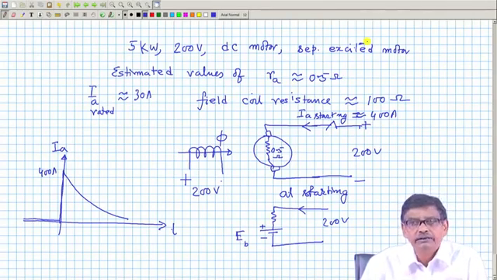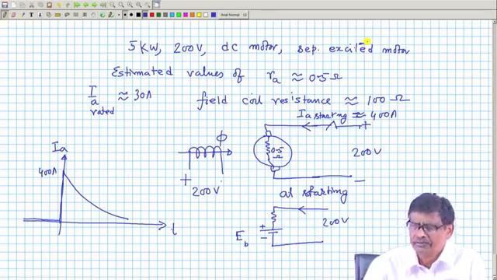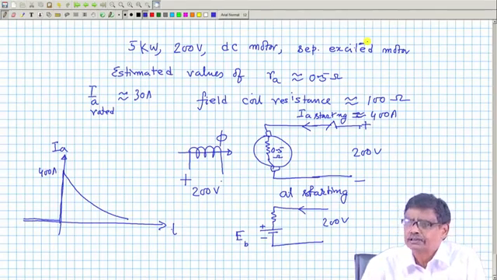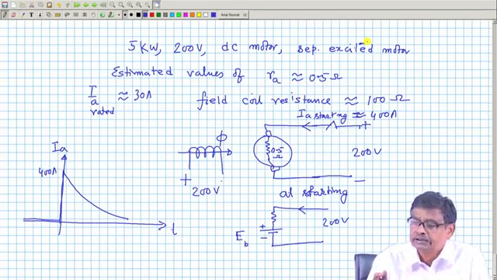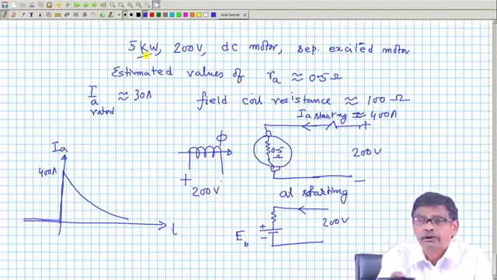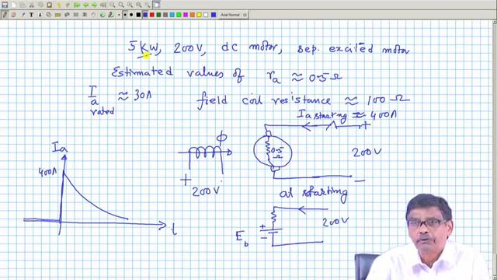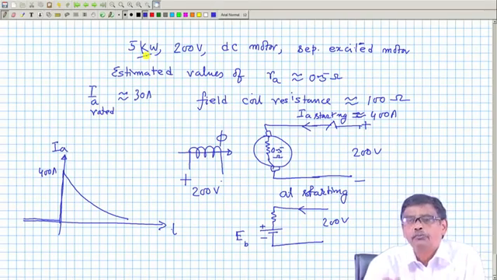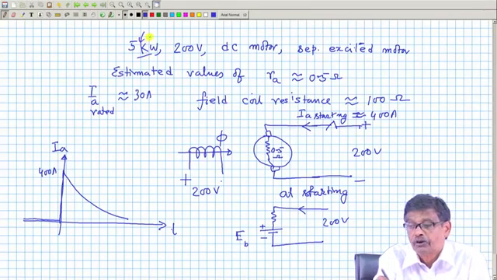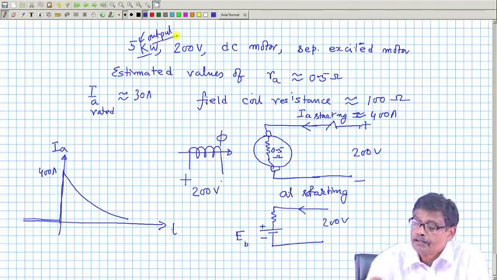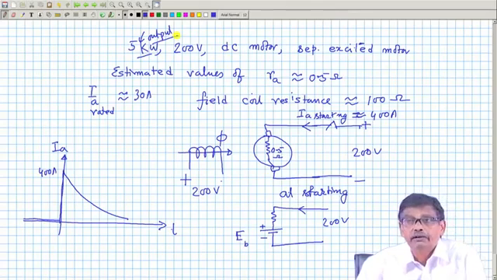How did I do it? I assumed an efficiency, some realistic figure for a very well designed machine, 80% or so. The kilowatt rating was known, so I calculated the total input power. The difference of these two must be the total losses at the rated condition. This is the output, mind you, for a motor, the mechanical output power.